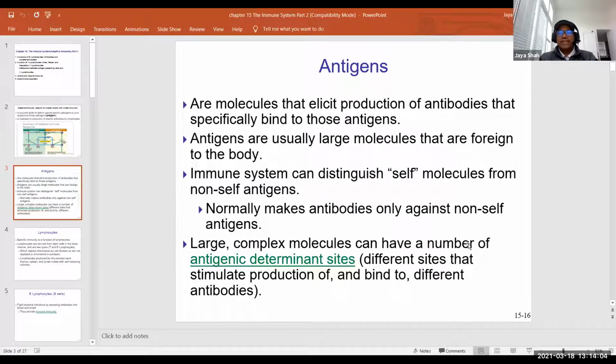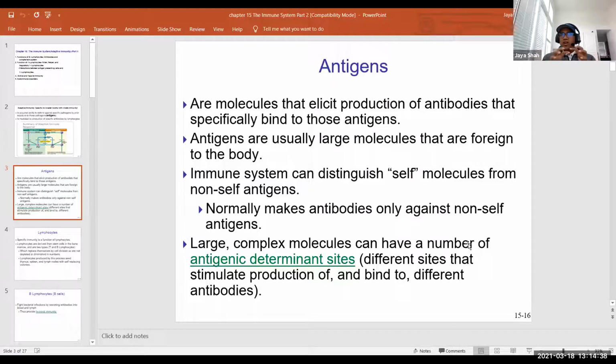Antigens are molecules that elicit production of antibodies that specifically bind to those antigens. Antigens are usually very large molecules and they are always foreign. Because antigens are foreign, our body's immune cells can distinguish them as non-self. Antibodies are usually made against foreign antigens, not against our own self antigens.